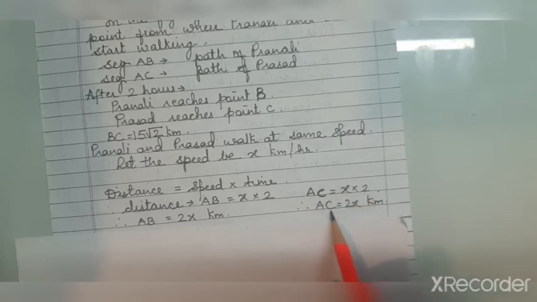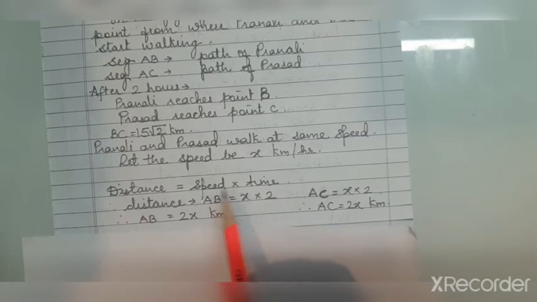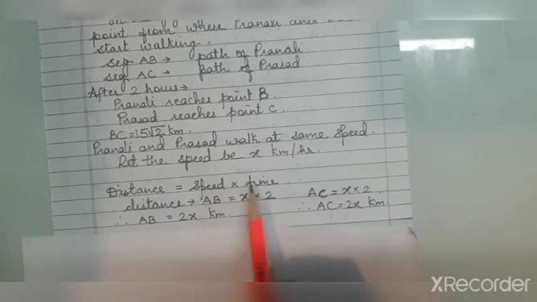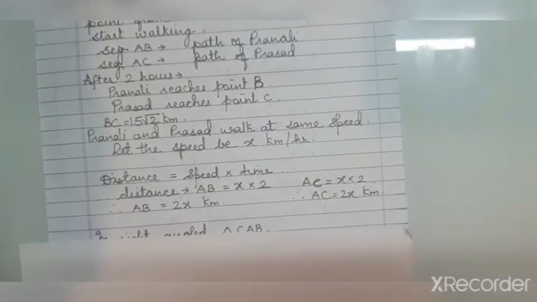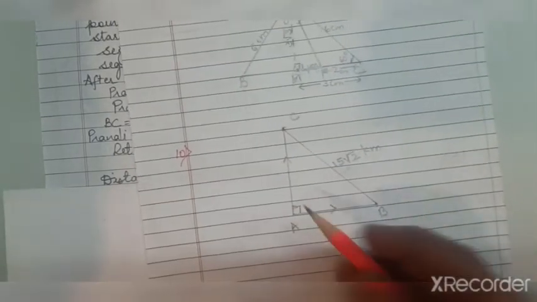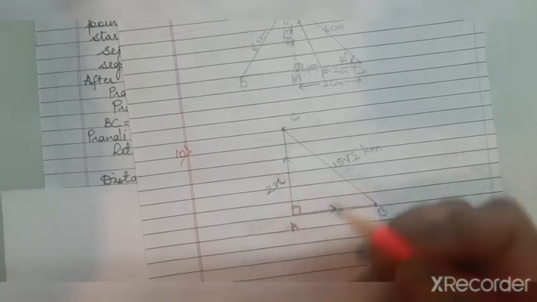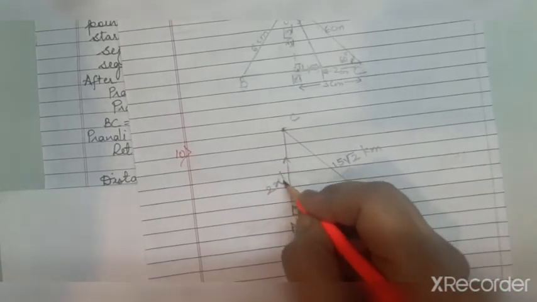So AC is the distance for Prasad. AC will also be 2x, because distance is equal to speed into time. For Prasad also, speed is x and time is 2, so 2 into x is 2x kilometers. If I show you here in the figure, this becomes 2x and this becomes 2x kilometers.